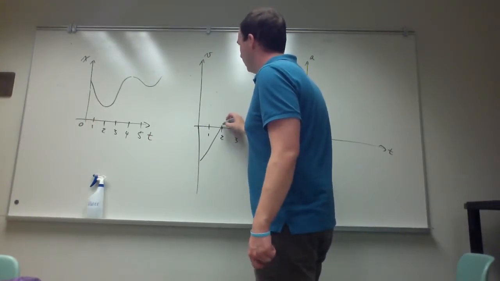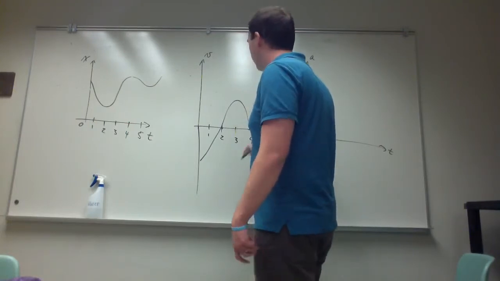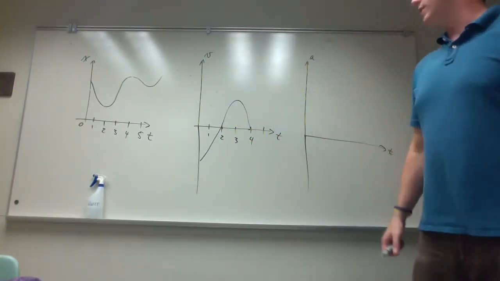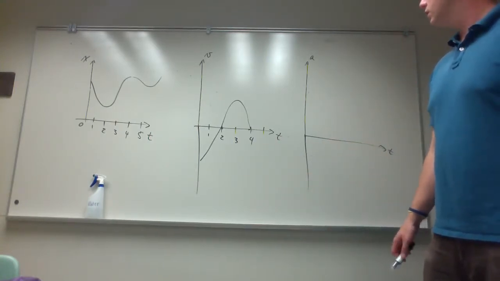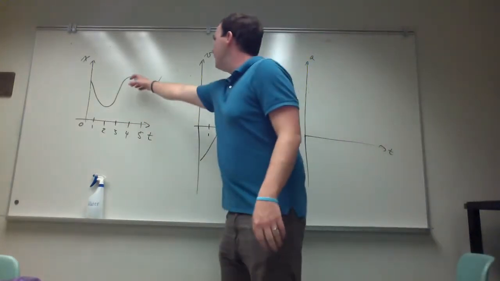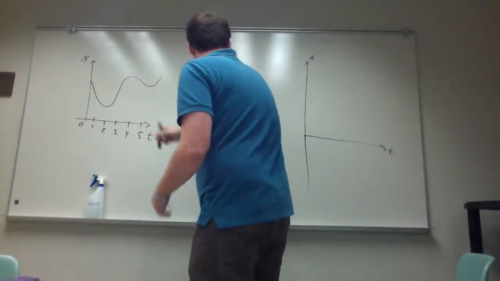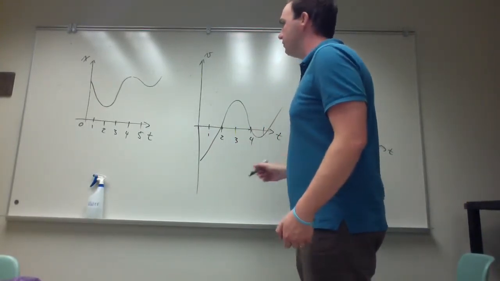So I'm going to have to go something like that. Right, so I don't know exactly the shape, I'm just sketching. And then negative slope again, so I go to negative velocity again, and sometime past t equals 5, I'm going to go positive again.